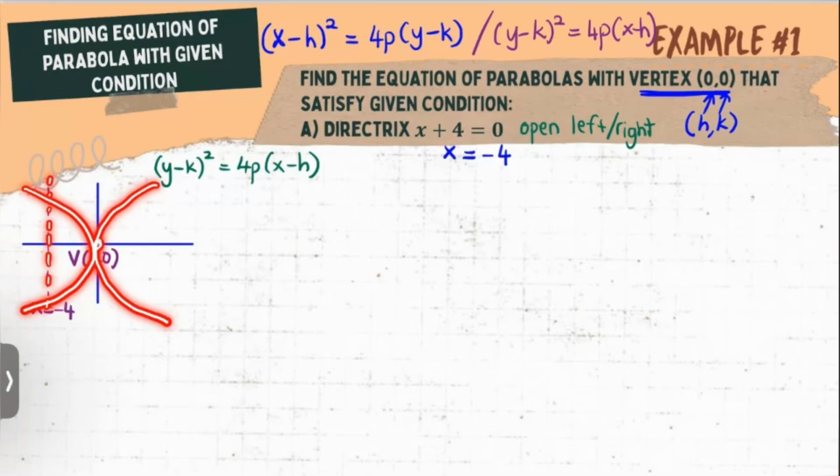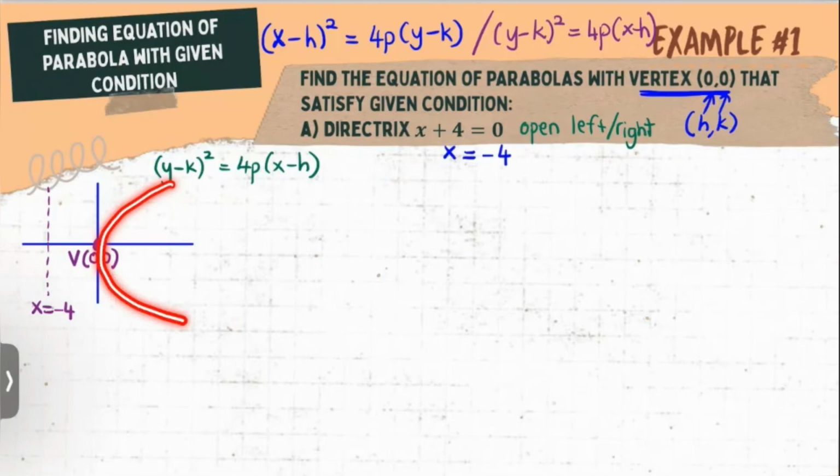So, directrix dia tak boleh sentuh kita punya parabola. So that means our shape will be open to the right. Okay, so because this directrix, so kita akan open to the right. So bila open to the right, P kamu adalah positif. So ini another information yang kita boleh tahulah.